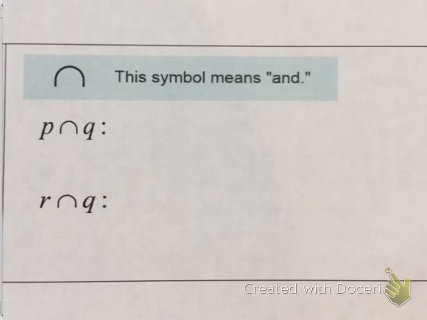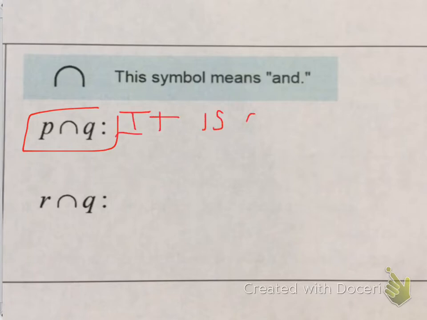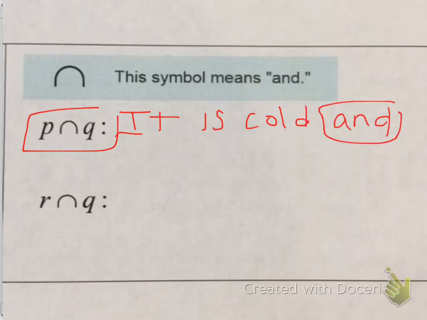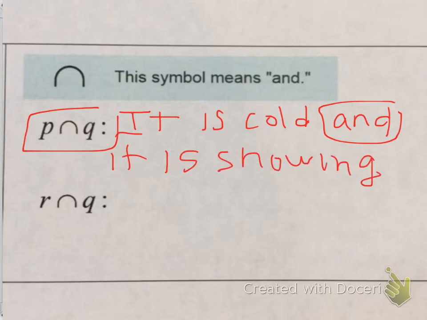Over here, this first symbol is called the AND symbol. So we're going to do P and Q. P is it's cold, and Q is it's snowing. So our statement is it is cold and it is snowing, because AND is the symbol. What we're really doing is connecting those two statements together with the symbol.